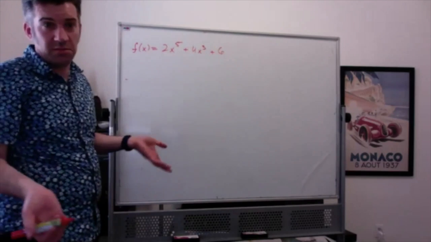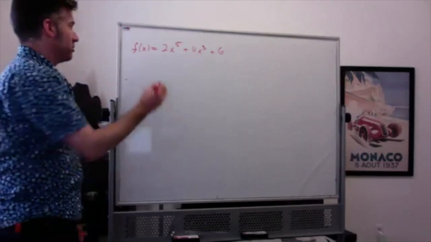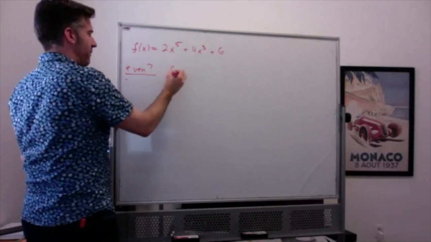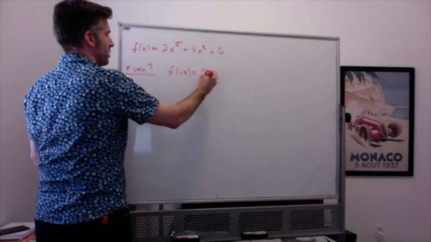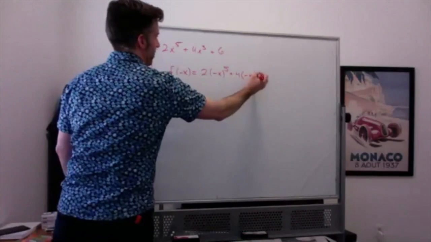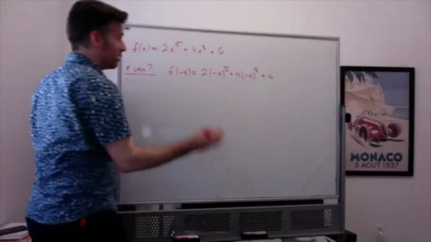So again, the question is even, odd, or neither. So check for even. So I'm looking at f of negative x to be 2 times negative x to the 5th plus 4 times negative x cubed plus 6.